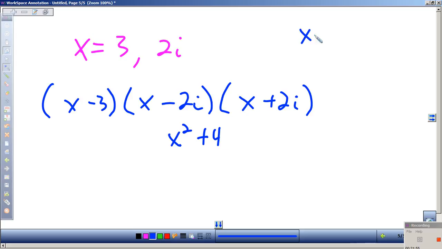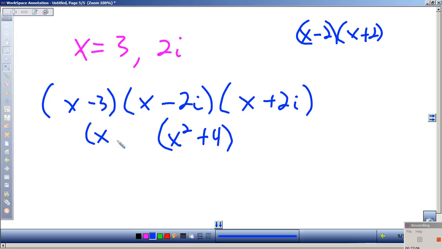Just like if we had x minus 2 times x plus 2, what do we get? x squared minus 4. If we use imaginary numbers, what's i squared? Negative 1. And we can multiply those together. We get x cubed minus 3x squared plus 4x minus 12.